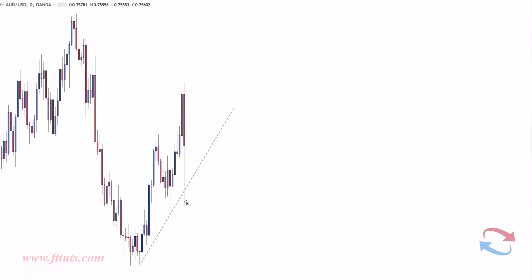This candle wicks below the low, but we still keep the trend line in place until a new high is made, right? A new high has to break above this area here for us to move the trend line to this level here, right?